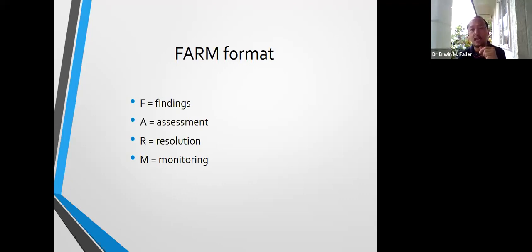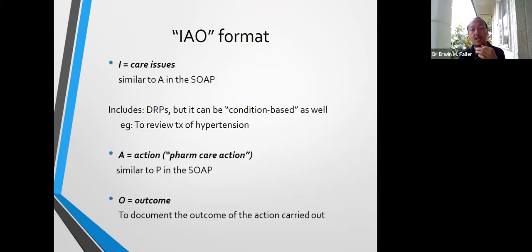FARM is actually similar to SOAP, but this is more into findings, assessment, resolution, or what will be your intervention, and what will be the monitoring or the outcome that you want to achieve or the assessment. Now, in the IAO, which all of us are quite convenient with, I usually adopt this one in Malaysia.